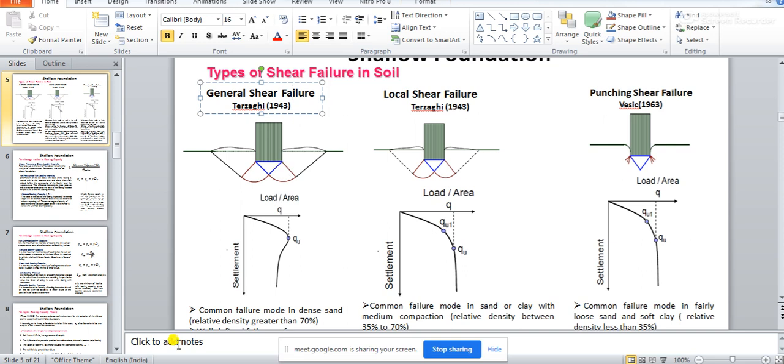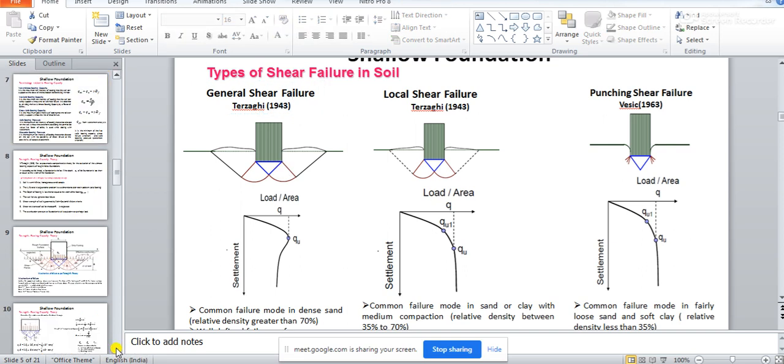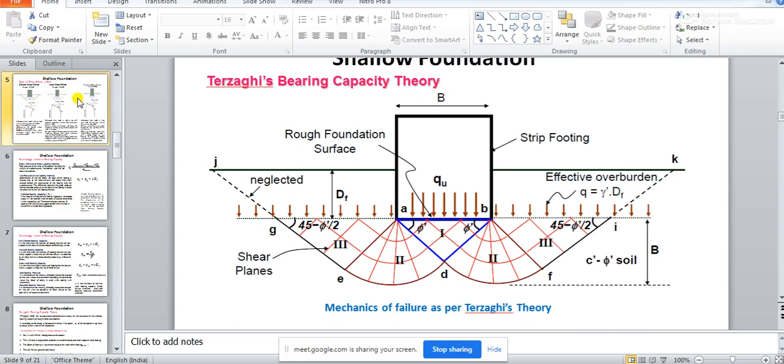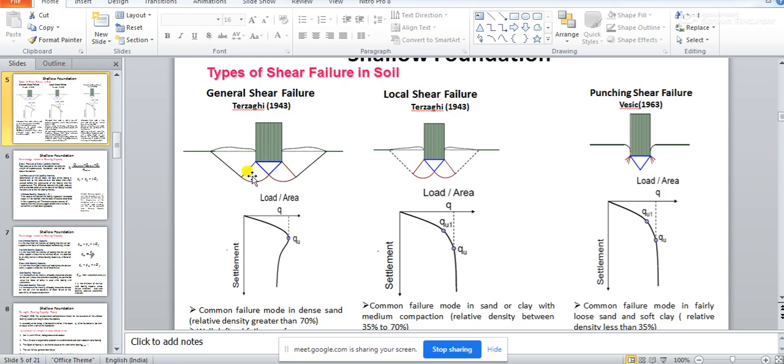These two zones are quite prominent, and they are called zones of radial shear.